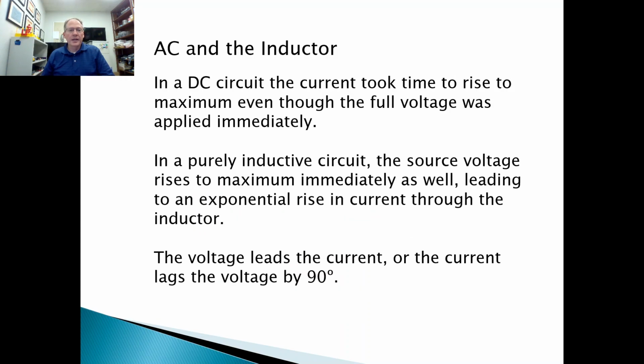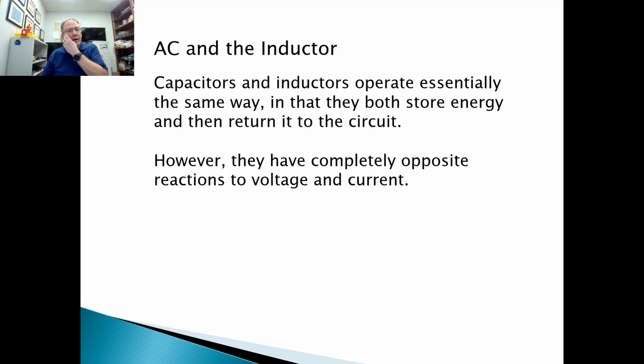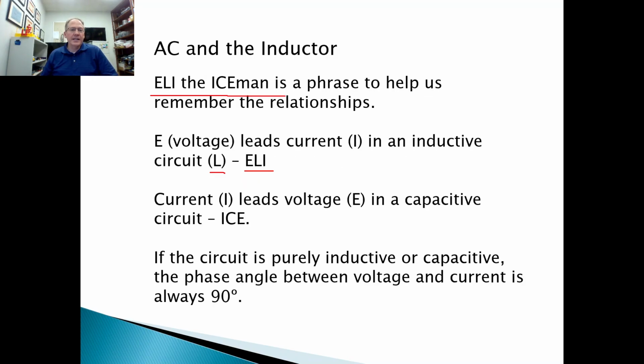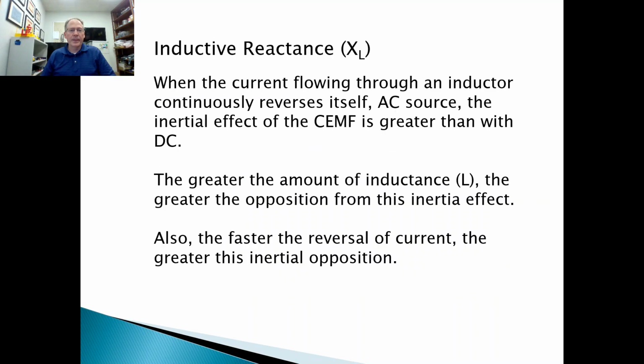All right. This ELI the ICE man is going to help you. Just remember that ELI is voltage leads the current in an inductor, and ICE is current leads the voltage in a capacitor.